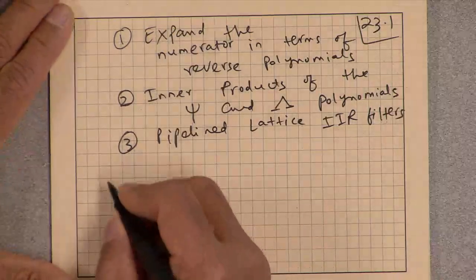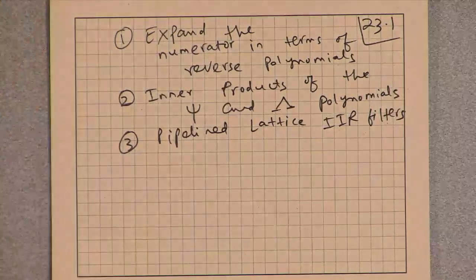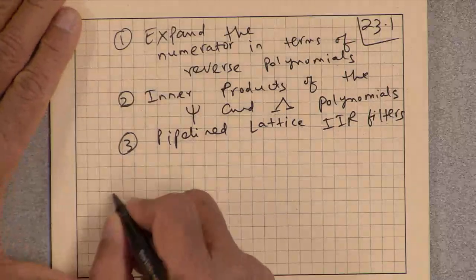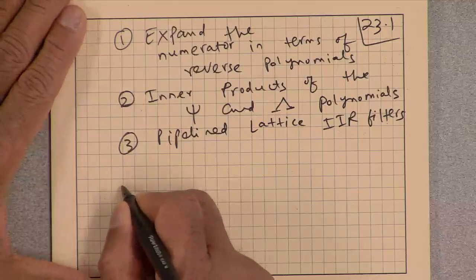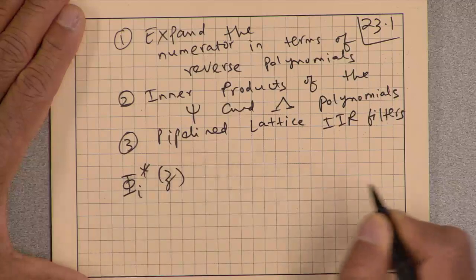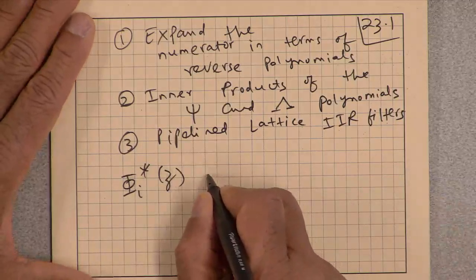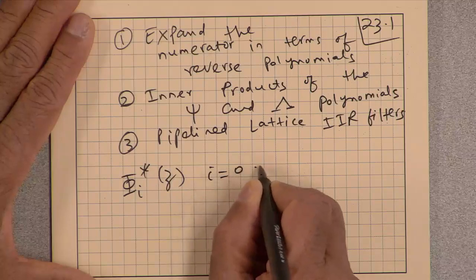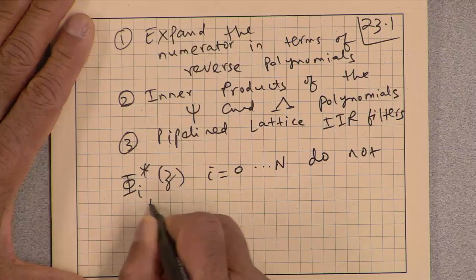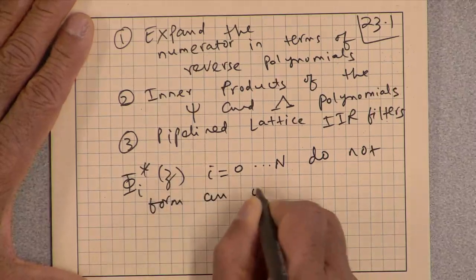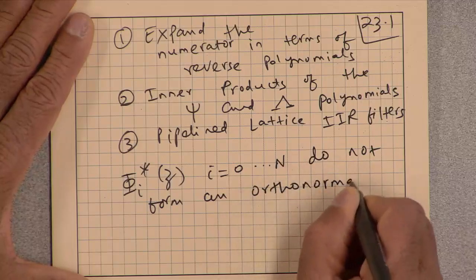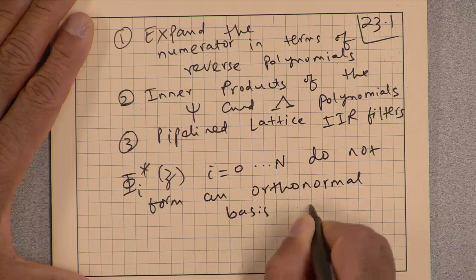So we want to expand. So the reverse polynomials, i equal to 0 to n, do not form an orthonormal basis set.